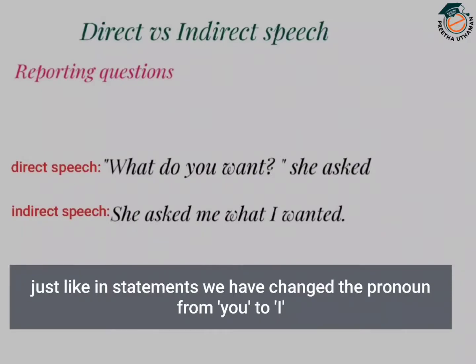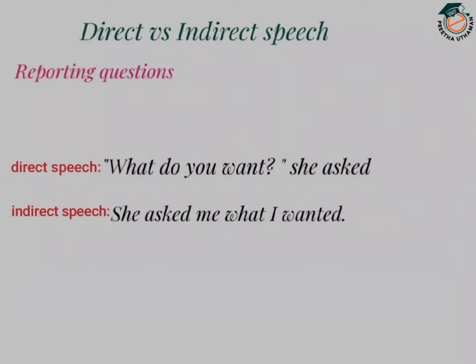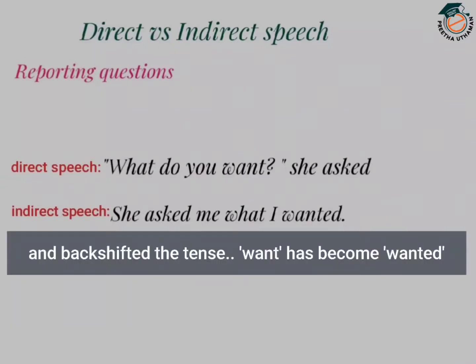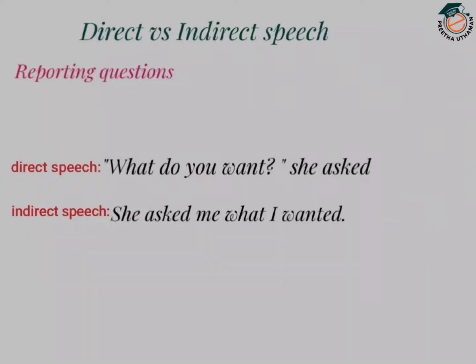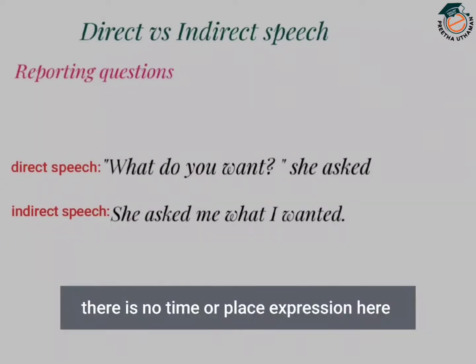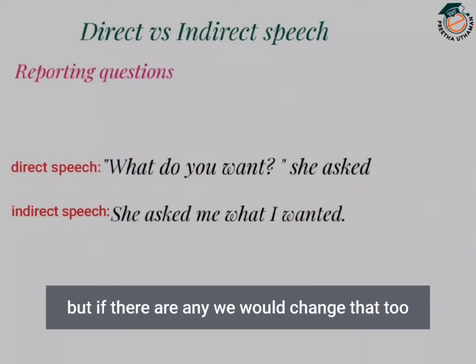Just like in statements, we have changed the pronoun from you to I and backshifted the tense. Want has become wanted. There is no time or place expression here, but if there are any, we would change that too.